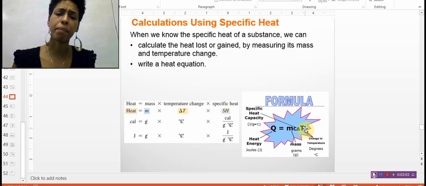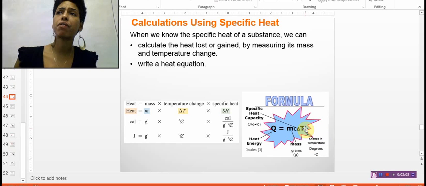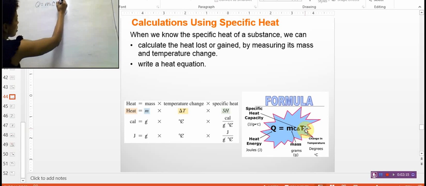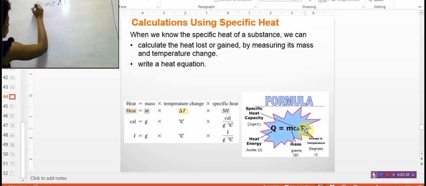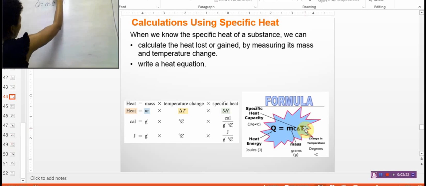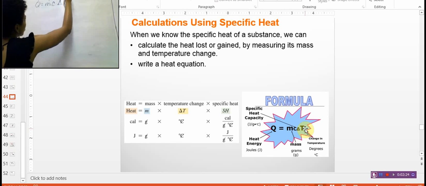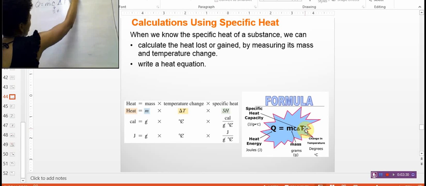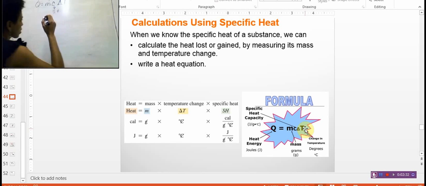We can find out the mass of a substance if we were given its temperature change and the amount of heat energy that it absorbed. So let's say we have Q equals mc delta T, where Q is heat, m is mass in grams, C is the specific heat, and delta T is the change in temperature.